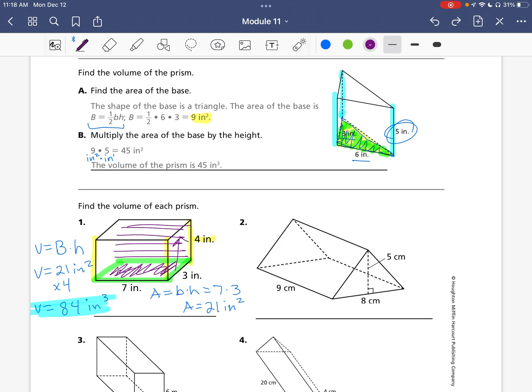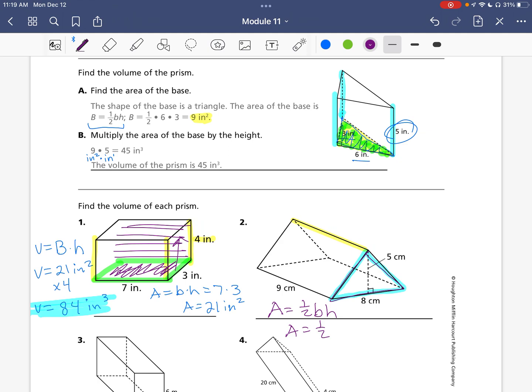All right, so our base here is going to be on this side. Because this shape, as we get taller, as we go through it, it's going to stay the same. So we're going to find the area of our bottom triangle here. So 1/2 base times height.